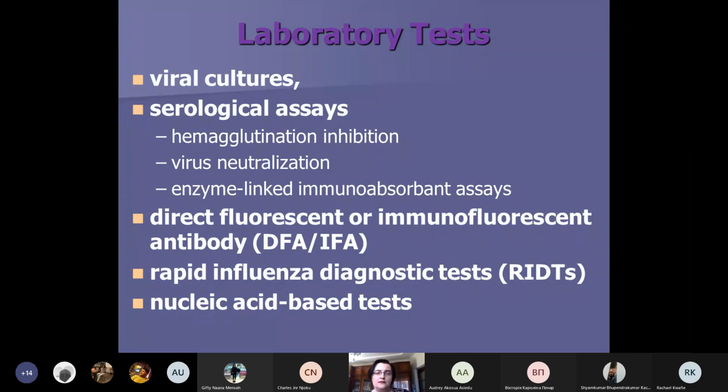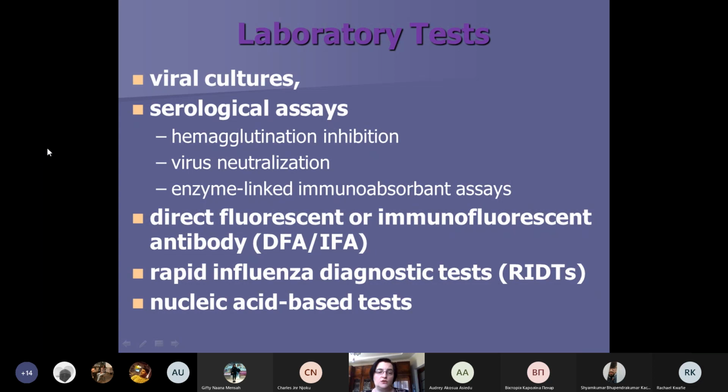Direct fluorescent or immunofluorescent antibody tests involve staining respiratory epithelial cells in samples with fluorescently labeled influenza-specific antibodies, followed by examination under a fluorescent microscope. They can differentiate between influenza A and influenza B viruses, but cannot subtype influenza A viruses.